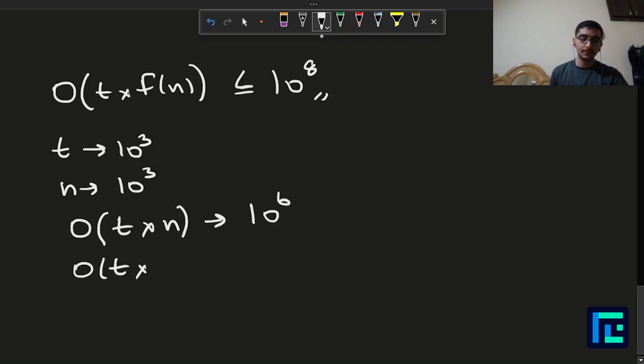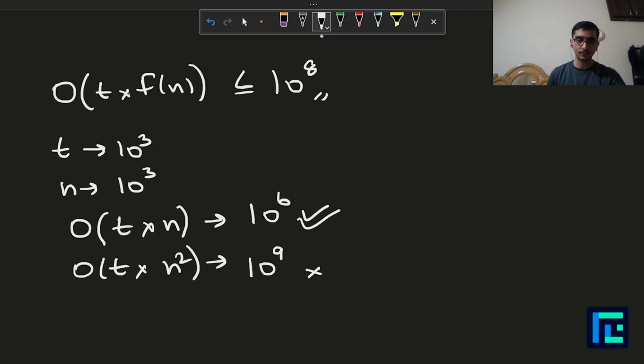O of t into n square would take up about 10 power 9 operations. So O of t into n works fine within a 10 power 8 constraint, but O of t into n square does not.